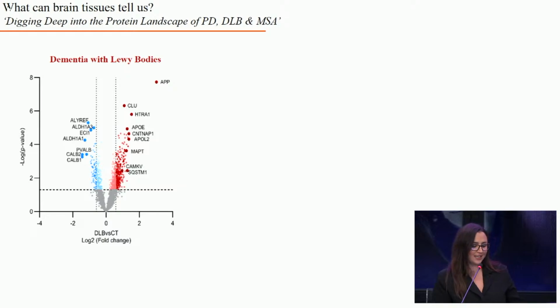So visually shown here as a volcano plot, for my patients with DLB, or dementia with Lewy bodies, when I compare them to the healthy aged controls, I can see that there is significant dysregulation. Shown in red is some of the upregulated, or increased in expression, proteins I identified, and shown in blue are the decreased in expression proteins when I compare them to our healthy aged controls.